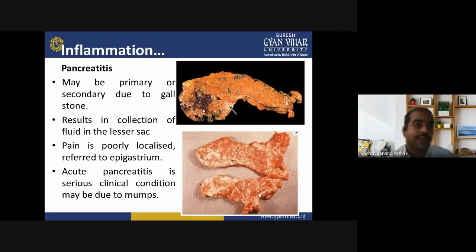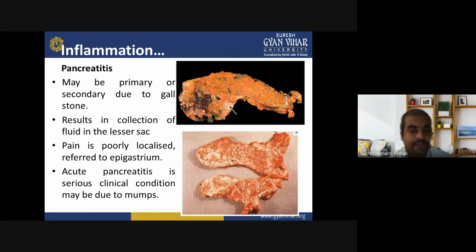Another condition is inflammation, also called pancreatitis. Pancreatitis may be primary or secondary, due to gallstones, resulting in collection of fluid in the lesser sac. Pain is poorly localized, referred to the epigastrium.